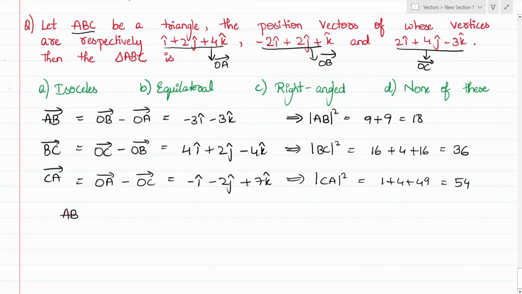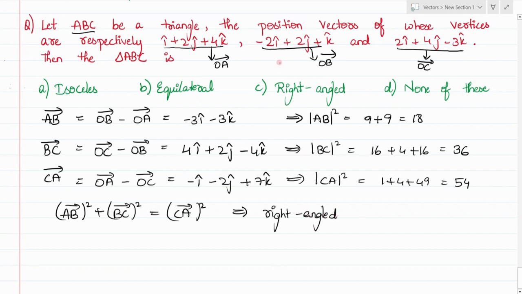If you observe over here, we get AB square plus BC square equal to CA square. So this tells that the triangle ABC is a right angled triangle, because the sum of squares of two sides is equal to the square of the third side.